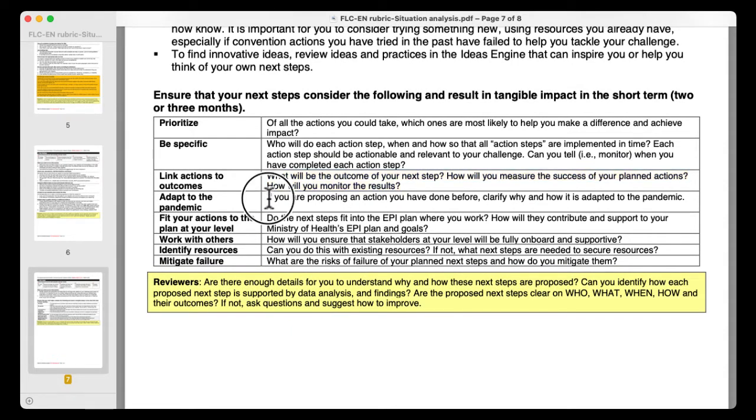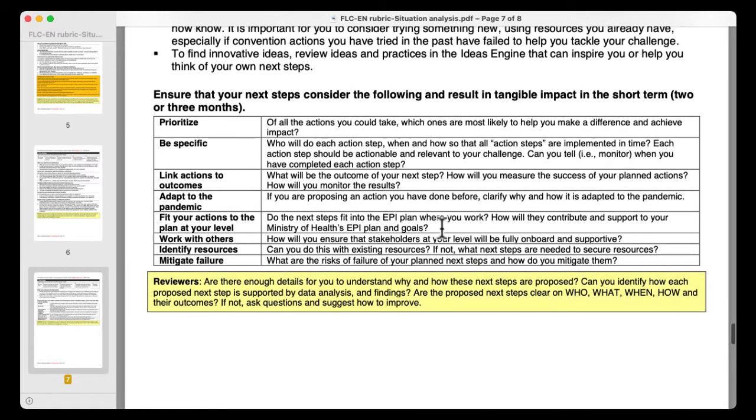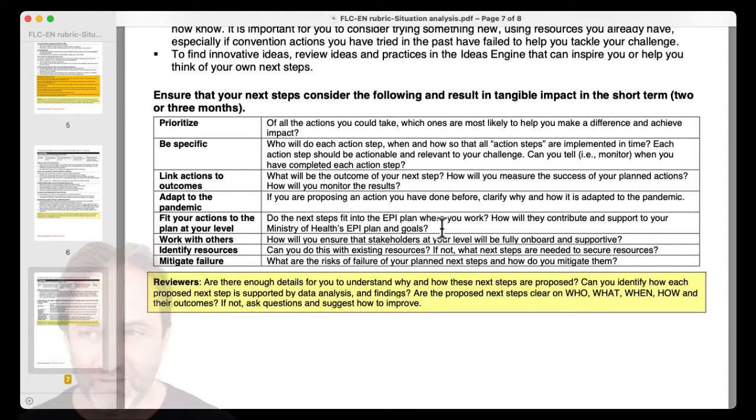Now, if you're proposing an action you've done before, you probably need to think, okay, because of the epidemic, what is different? And make sure that the action fits. If you fit your action to the plan at your level, you say, well, do the next steps fit into the EPI plan where you work? Let me rephrase this.